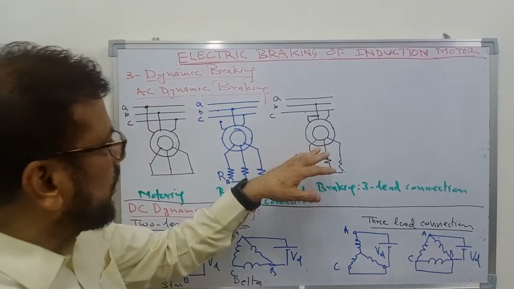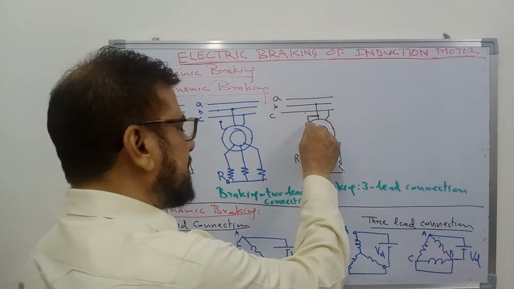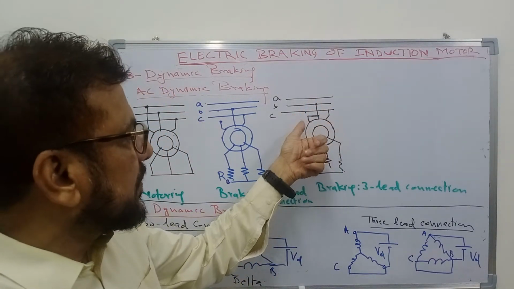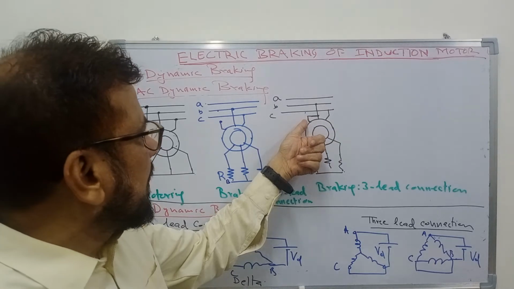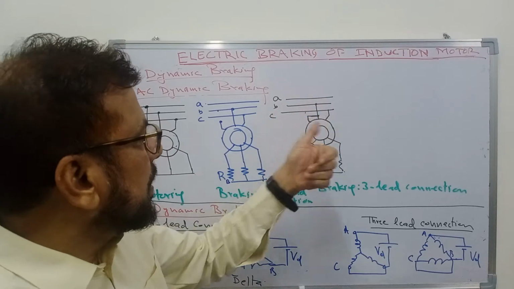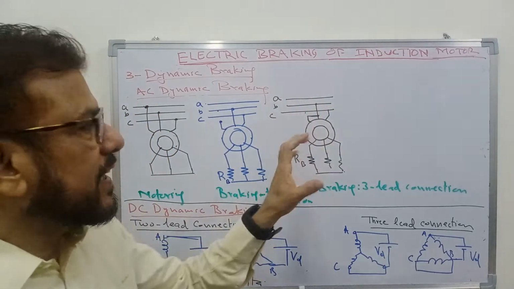Similarly, in the three-lead connection, the third terminal is connected to the same supply. So you can say that phase B is connected to phase B, and phase C is connected to phase C, like that.